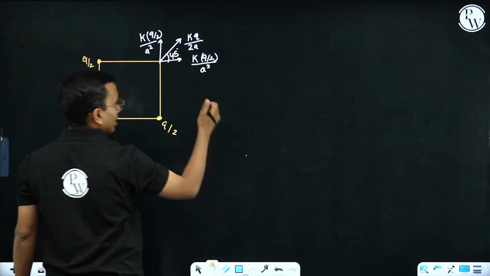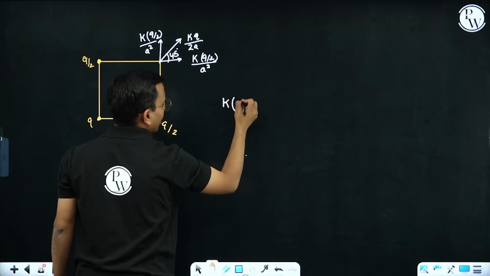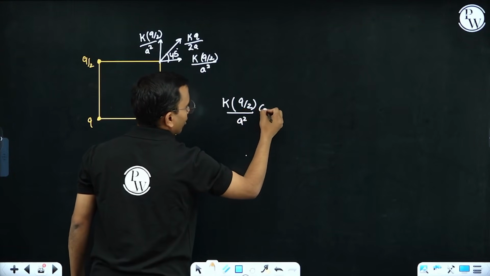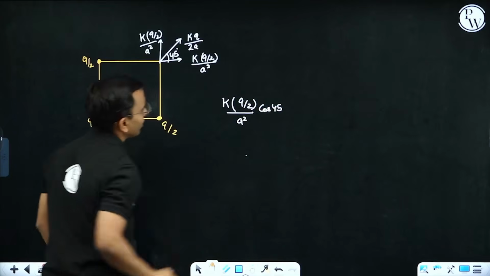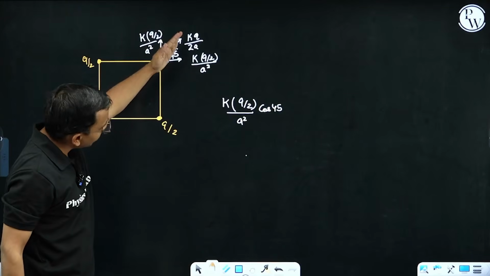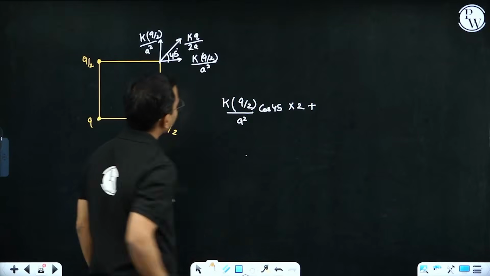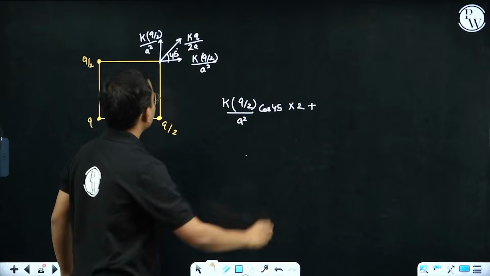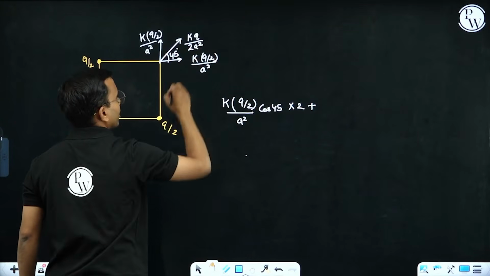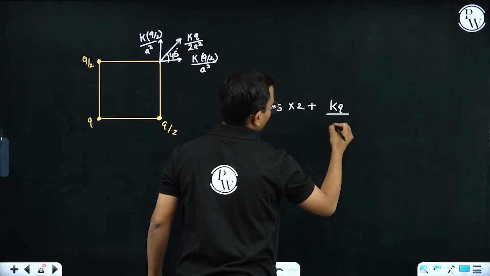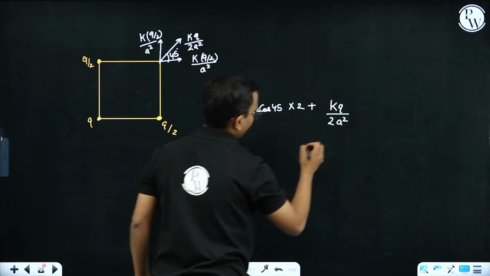So if I take the component, that is kq by 2 by a square cos 45. Here also, if I take it, it will become the same, so into 2, plus this one, that is kq by 2a square.